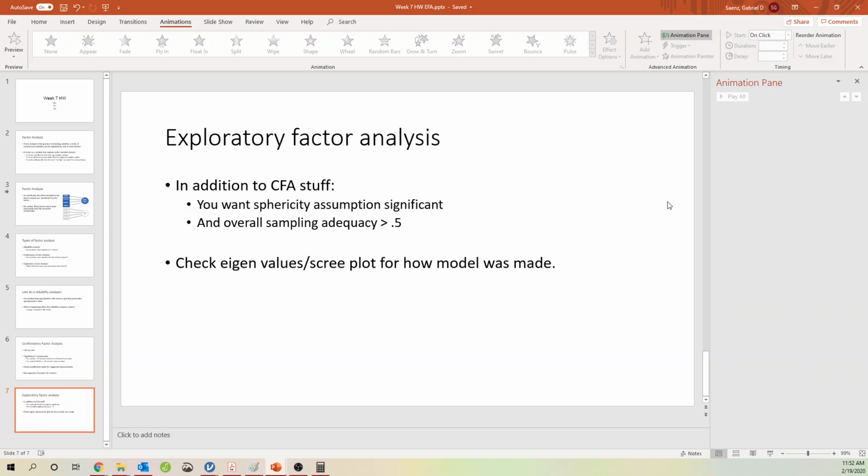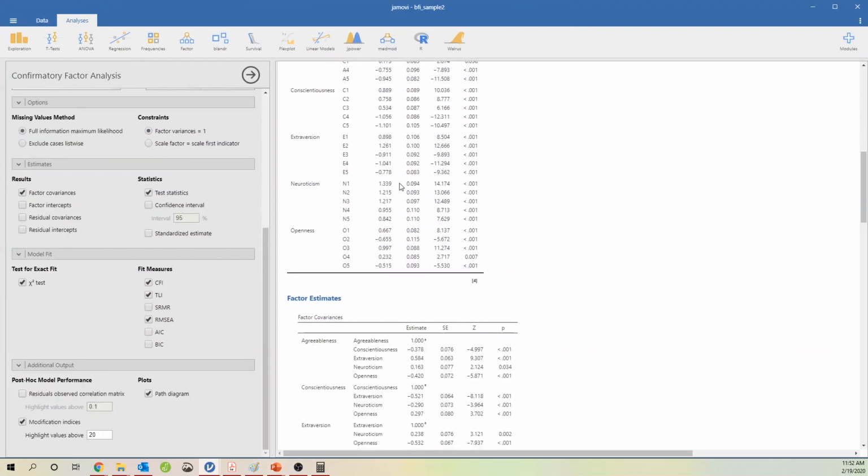Instead, it's going to have a couple assumptions that we need to check, and we'll be able to check how the model was come up with. How did the computer decide this set of variables belongs here and this set of variables belongs here, and we have a total of 3 factors out of 20 questions. Let's go ahead and run it.